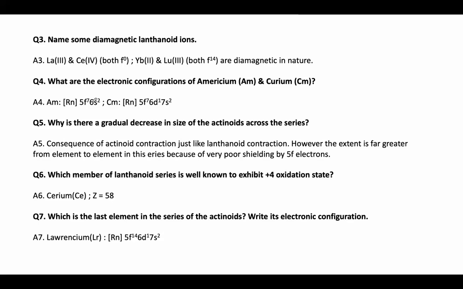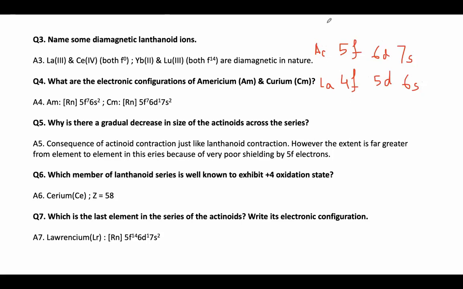In case of lanthanides, the electronic configuration would be just one below that of the actinides. In case of actinides, it is 5f 6d 7s. I will abbreviate actinides as Ac and lanthanides as La. In case of lanthanides, it will be 4f 5d 6s, one less than that of the actinide.